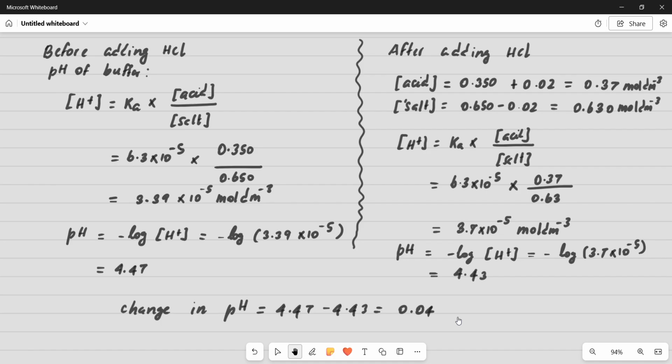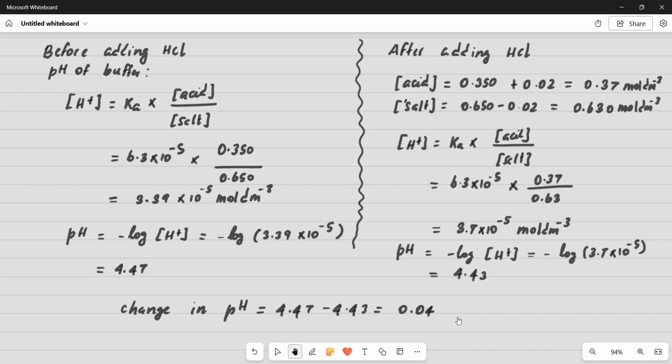So what will I do? I will first find the pH of the buffer before the addition of the acid. Then when I add the acid, the acid concentration is going to increase. So you add the added acid concentration to the weak acid concentration.